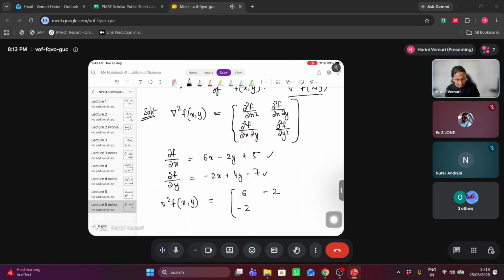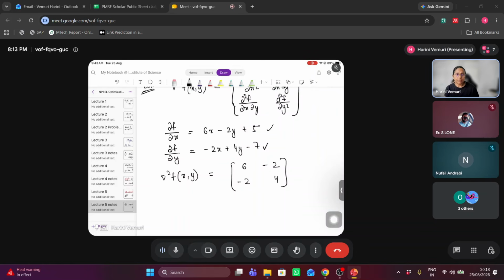Then dou square f by dou y square will be 4.